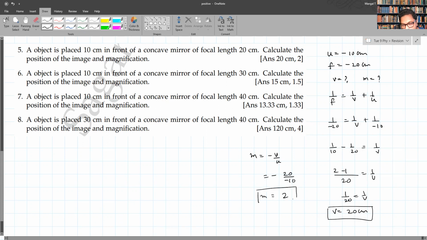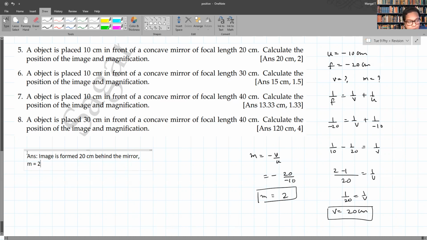That is m. What you need to understand, your teacher will expect you to write an answer like this. The image is formed 20 centimeter behind the mirror, and magnification is equal to plus 2.